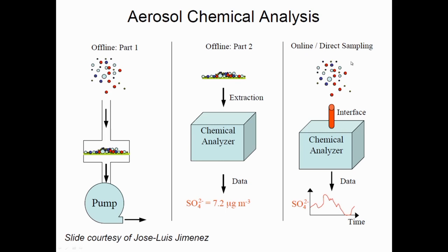You can use online direct sampling and measure this and get higher time resolution. This normally takes a few hours to collect a filter sample. But here again, you still lose the information about where the individual components are.